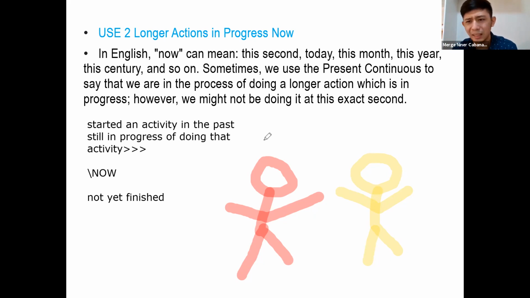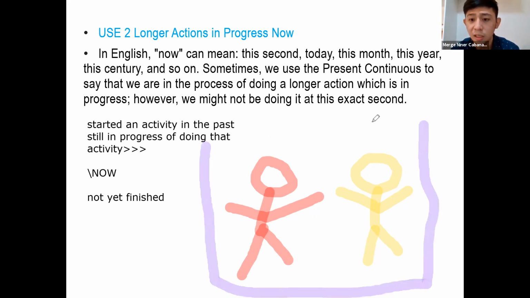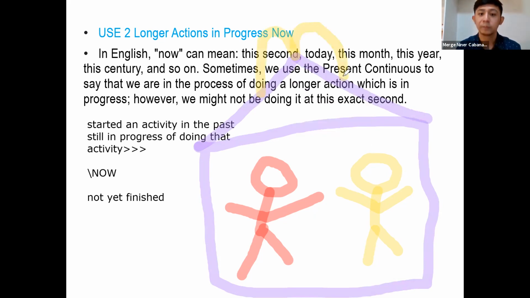But sir, that is a concern because both my friend and I are not studying literally. We are in a restaurant. We are in McDonald's. Let's put an M so you can see that it is McDo. But I'm not literally studying now. Yes, that's the point, and I hope you get this.